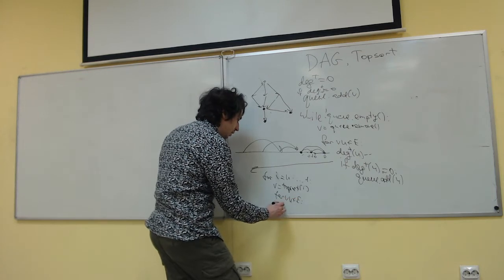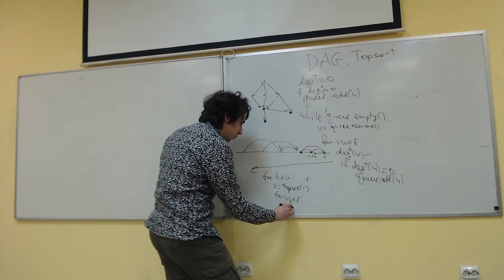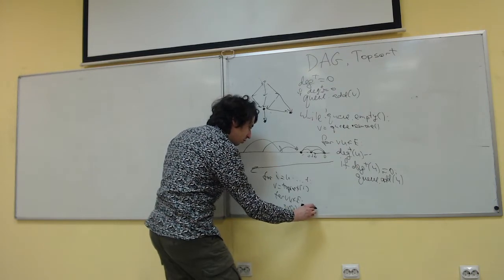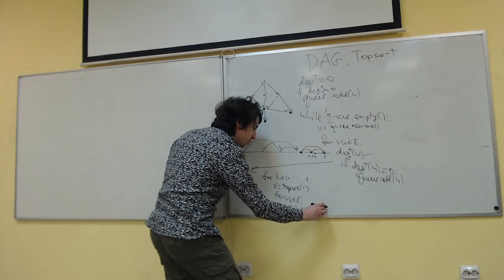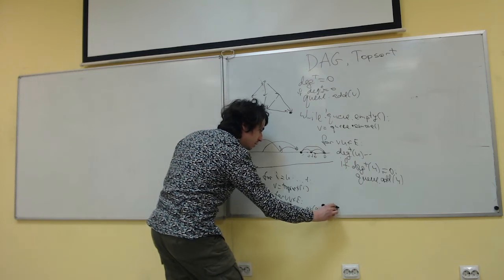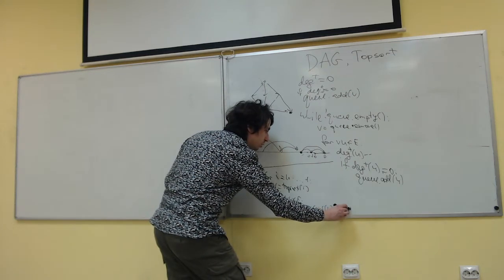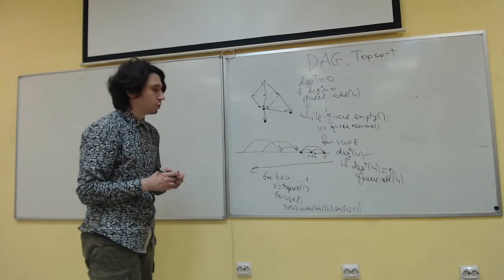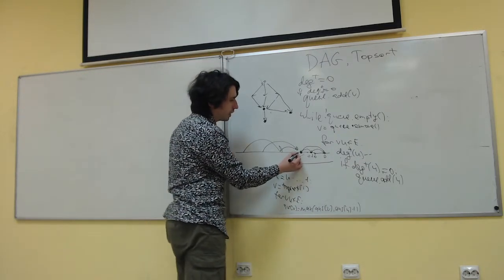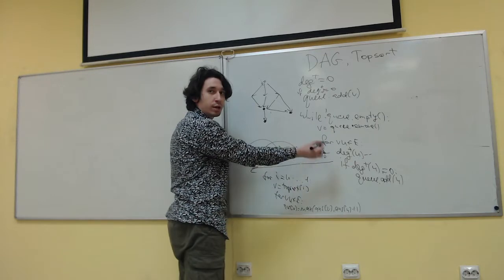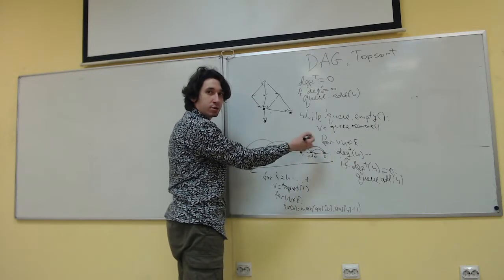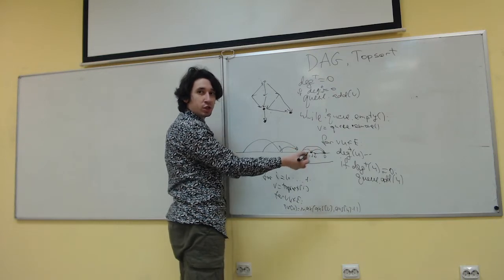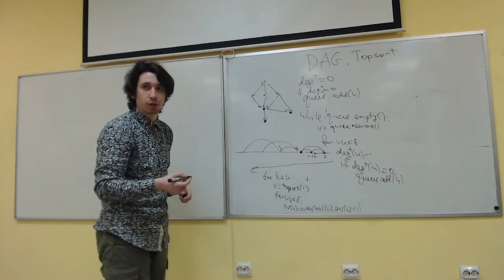I say ans of v equals max of ans v and ans u plus 1. So we just go to each vertex and make one jump. And the answer is the maximum where we can jump, plus 1, because this was the jump.